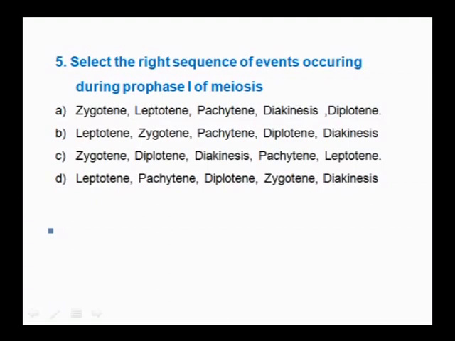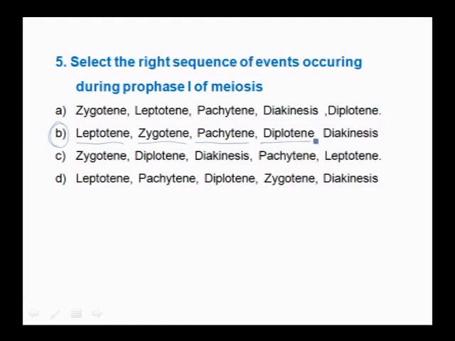Fifth question. Select the right sequence of events occurring during prophase 1 of meiosis. So the right arrangement is option B. So first you can see leptotene, then zygotene, then pachytene, diplotene and diakinesis. During leptotene you can see the formation of chromomeres on the condensing chromosomes. Zygotene is a stage where the homologous chromosomes come together or pair up by a process called synapsis. Pachytene is a stage during which the non-sister chromatids go through the process of crossing over.